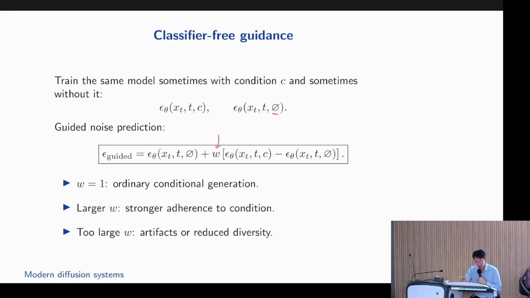When W is 1, it's just ordinary conditional generation, and if we increase W, it tries to do stronger adherence to the condition. So here it's the noise network with empty context plus some mixing weight times the same thing with the context C, and without context.